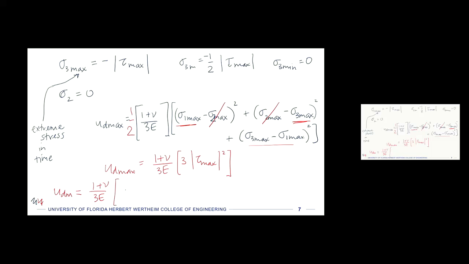And all it has is a different little coefficient inside here. It's like 3/4 times tau max squared instead of 3 like we had in the top one. Okay.